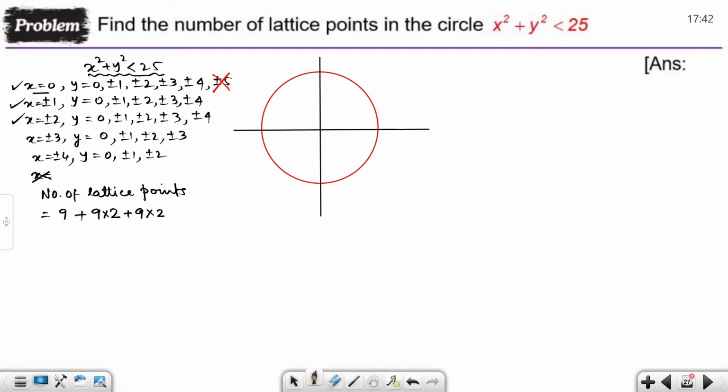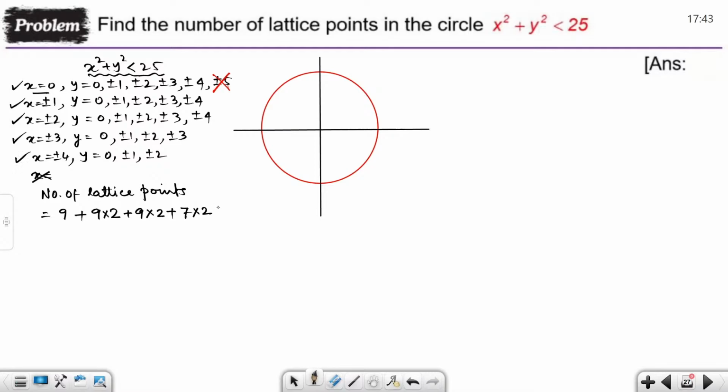Now when x is plus minus 3, for plus 3 it will be 7 lattice points, and for minus 3 also it is 7 lattice points. So a total of 14 lattice points when x is plus minus 3. Am I correct or not?